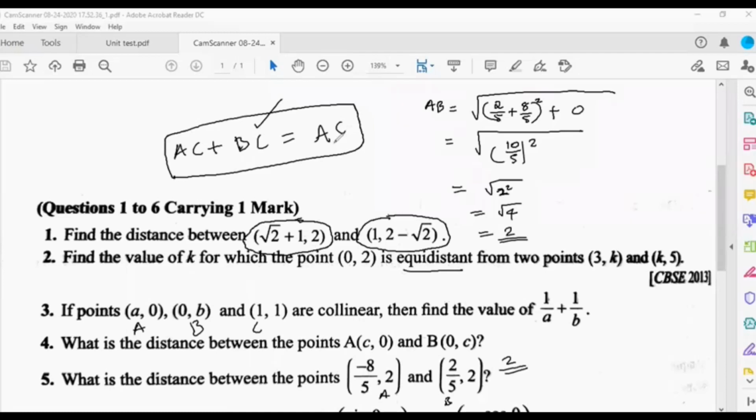Otherwise, they are not collinear, and we can form a triangle by joining these 3 points. And the fourth and fifth questions are very direct questions. Use the distance formula, find the distance.